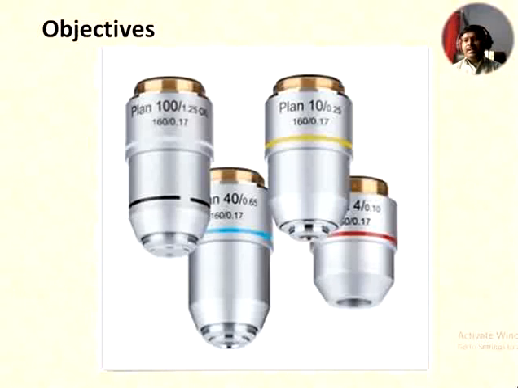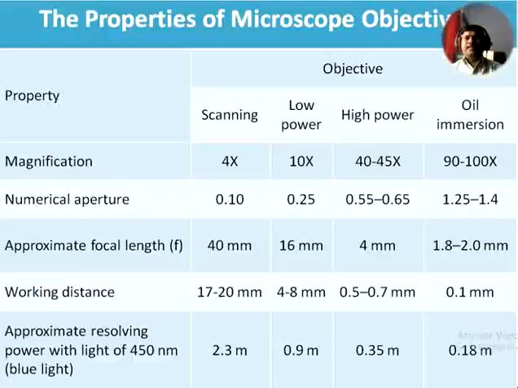Is it okay? Now these are the properties of microscope objectives. Here see, these are the different types of objective: scanning objective, low power objective, high power objective, and oil immersion objective. At the left side the different properties of these lenses are given. Here the magnification is the first property.